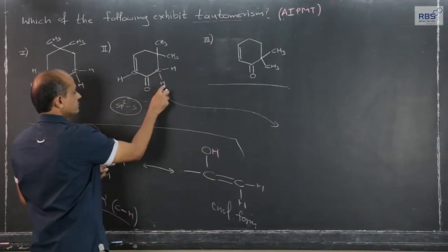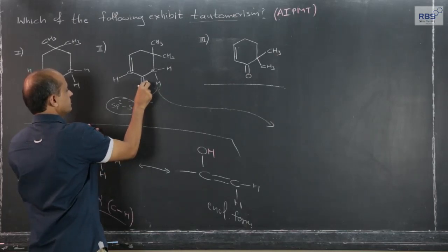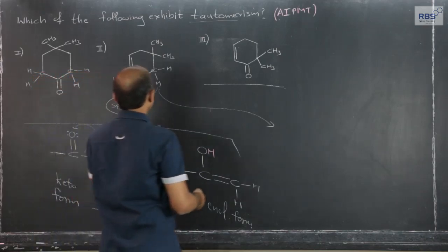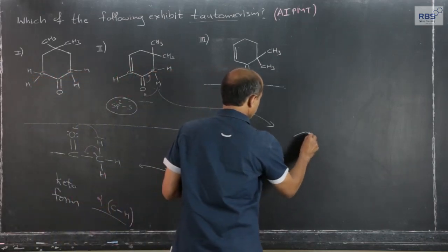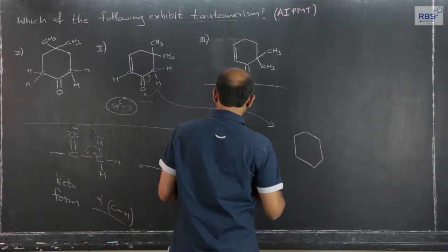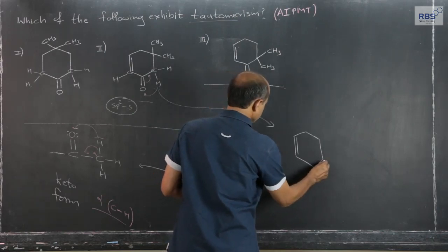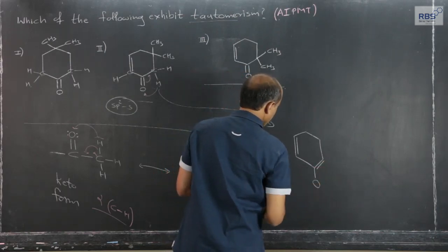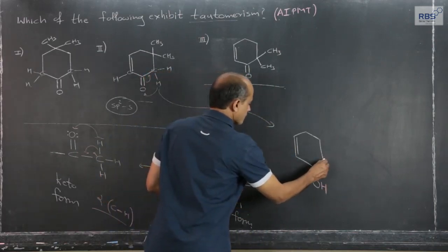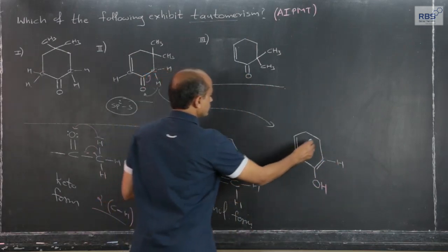The CH bond, the hydrogen will get switched over to this oxygen, and the pi bond will then get transmitted between the carbon atoms, and what we get is this, and the hydrogen, let me write it using color, and on this carbon now only one hydrogen atom will be present.